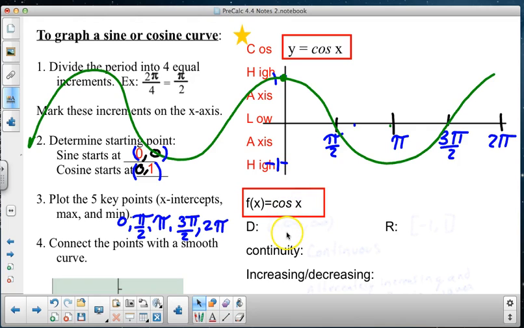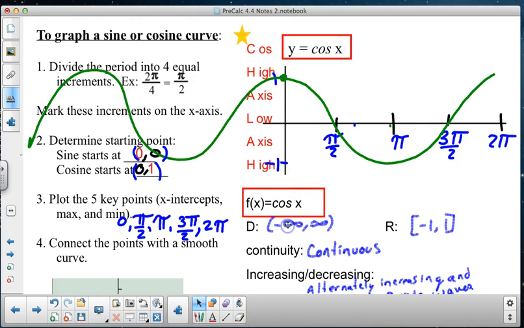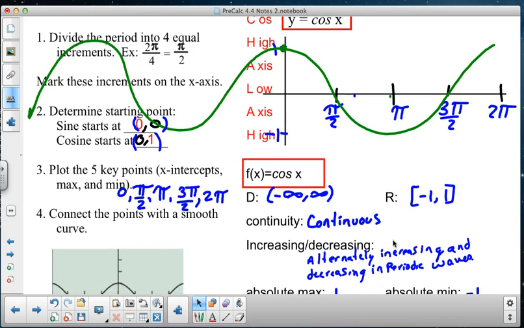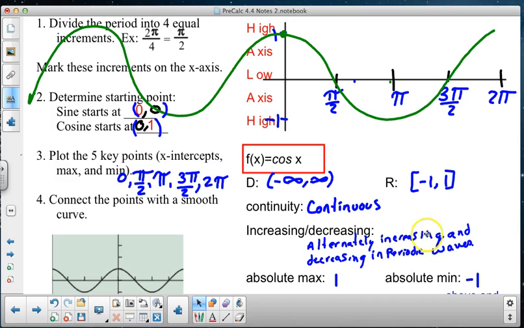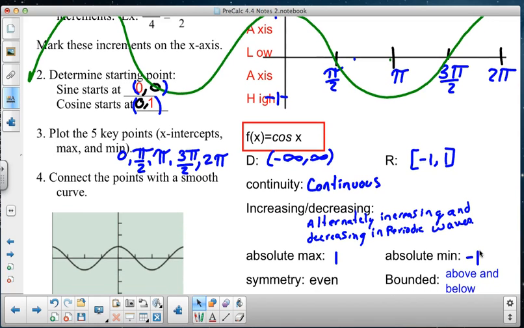But our domain for our cosine is negative infinity to infinity. Our range is -1 to 1. Again, it's oscillating between -1 and 1. It's continuous, alternating, increasing and decreasing in periodic waves. Hey, this is a lot like sine. Matter of fact, because they're sinusoids, they have the same patterns. They have an absolute max of 1, an absolute min of -1.